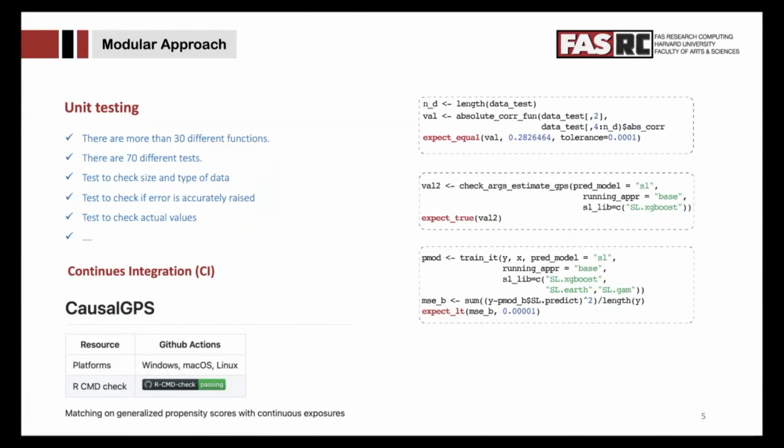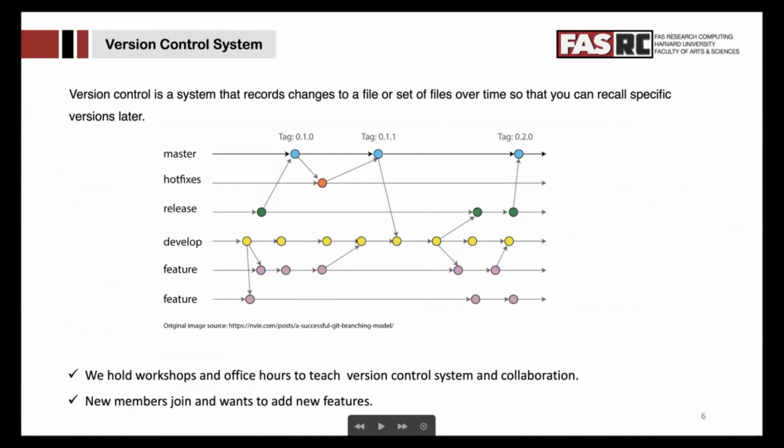We also activated continuous integration using GitHub Actions. Then we started to train researchers to follow standard version control practices and the Git branching model. We follow the tips given in a successful Git branching model white paper.